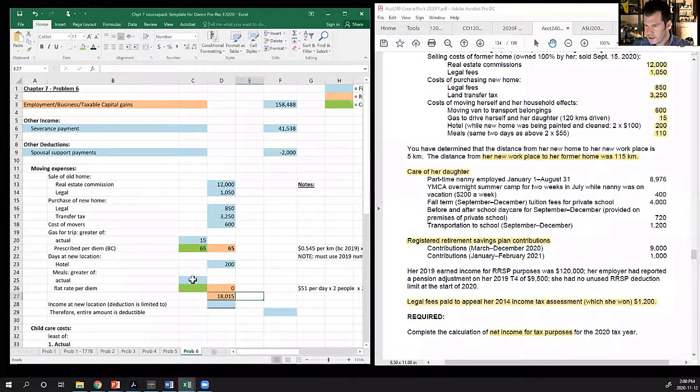So greater of the meals, we had $110. And then the flat rate per diem, it's $17 per meal per day times the number of people. So it looks like there were 2 days and there's 2 people, right?